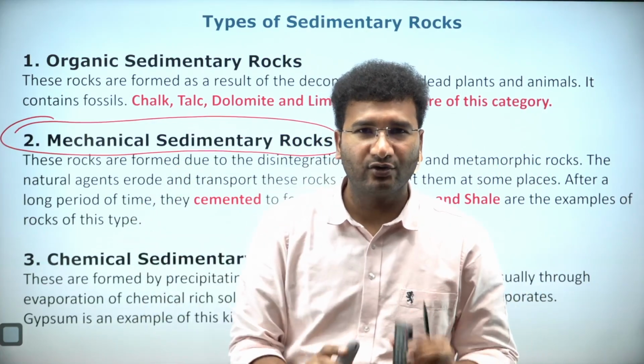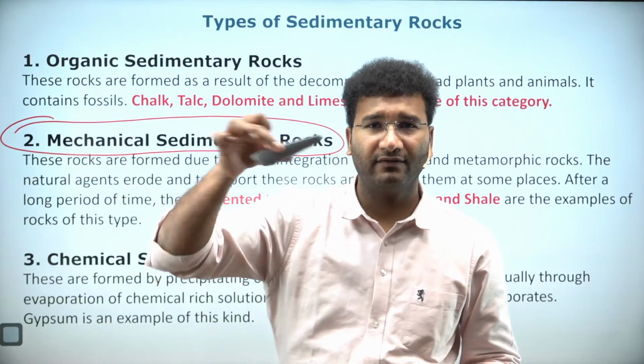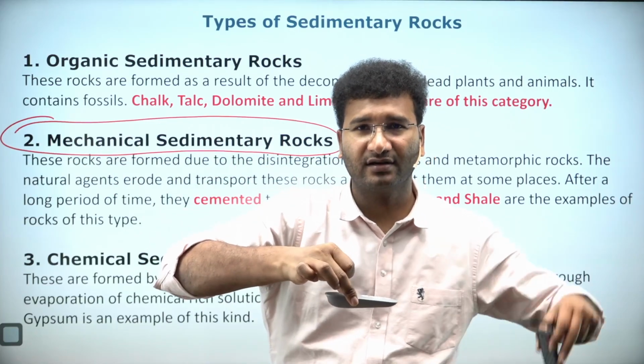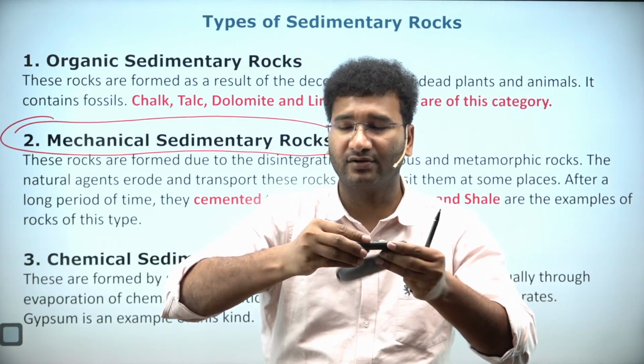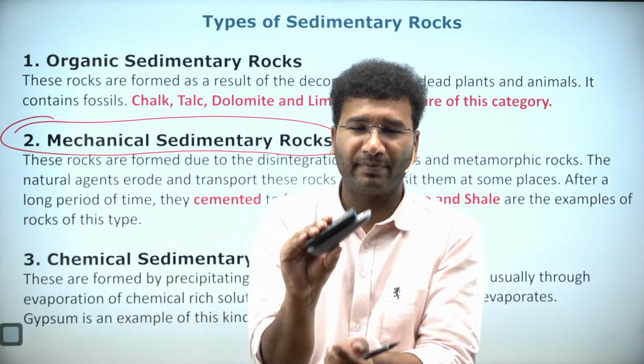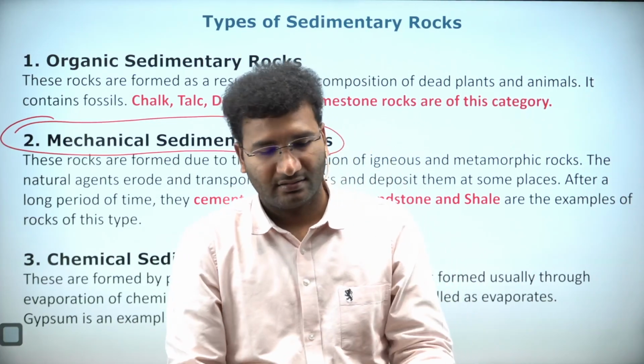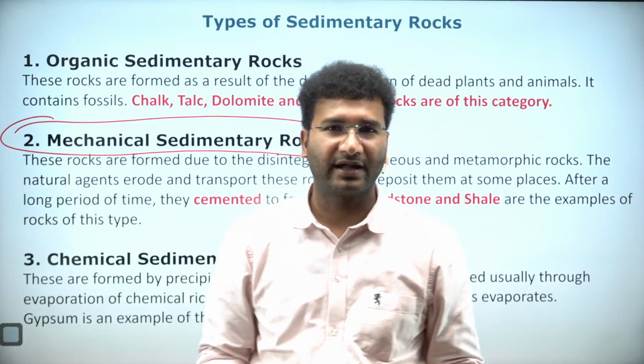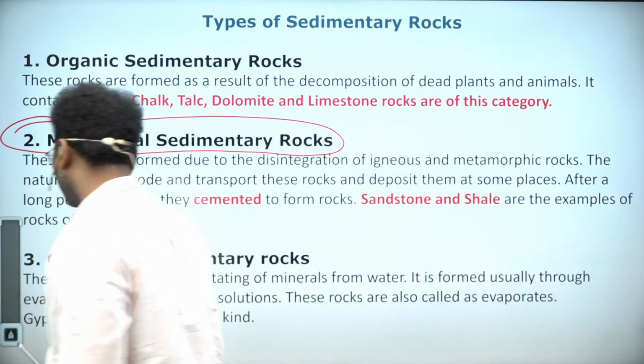They got broken into pieces, and in the first layer you will find this igneous rock, and in the second layer you might find that igneous rock. Over a period of time they get cemented. Cemented means they get compacted, and slowly this will turn into a mechanically sedimentary rock.